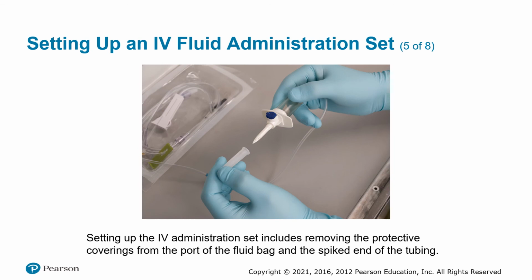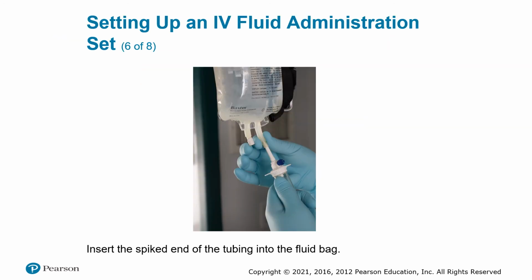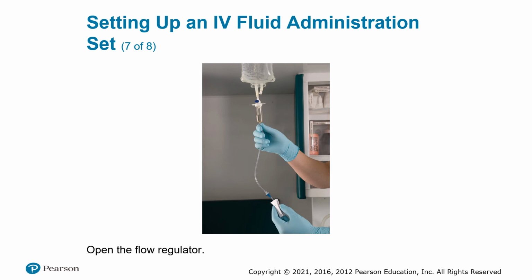So when we do this, we do want to make sure that we follow kind of an aseptic technique where when this cap comes off of this, it does not touch anything other than going inside of the IV bag or the fluid bag. Right here.